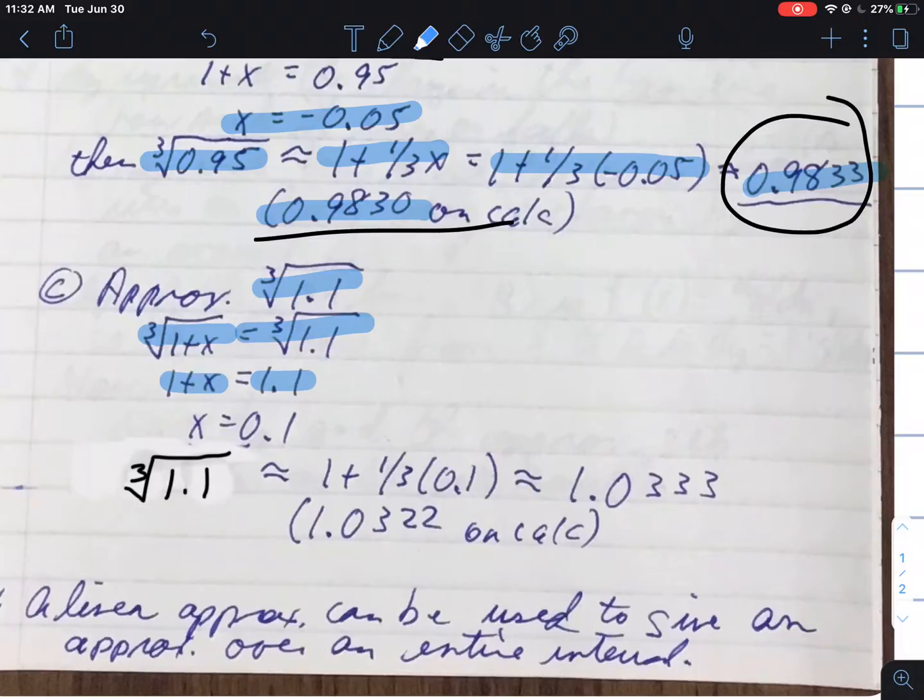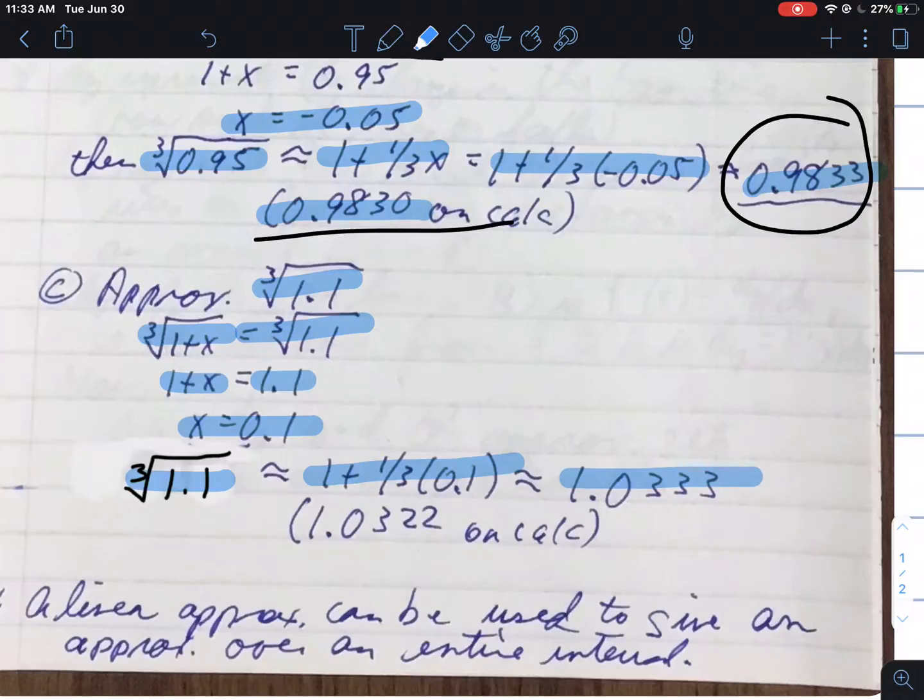So I'm using x equal to 0.1, which again is pretty close to 0. We said as long as we're close to 0, we can use that equation 1 plus 1/3 x to approximate our value. So the cube root of 1.1 could be approximated by 1 plus 1/3 times 0.1, and you get approximately 1.0333.